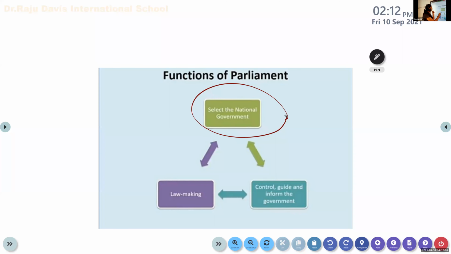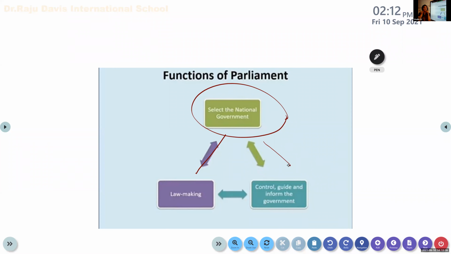Then another important function of the parliament is law making. That means it is making the laws for the entire country. Please note it down, children. And also this parliament needs to control and guide the government. So these are the important functions of the parliament.